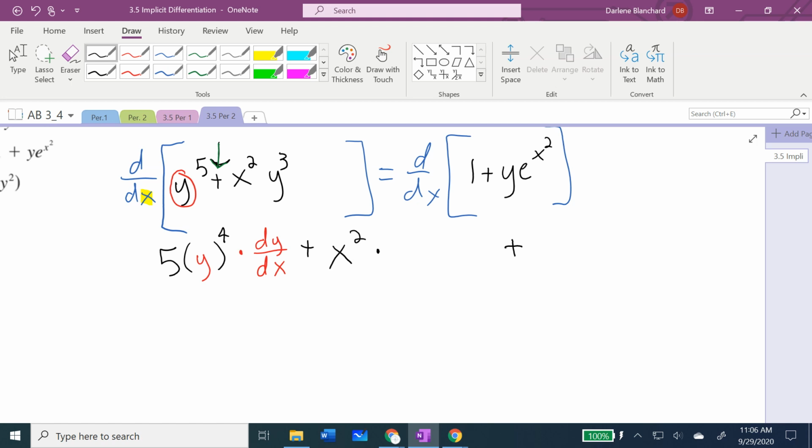And I will be taking the derivative of x squared. With respect to x, the derivative of x squared will be 2x times keep the second function. So now I am taking the derivative with respect to x of y cubed to put here.